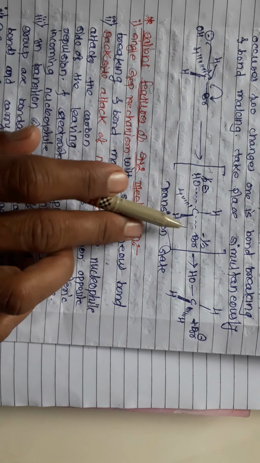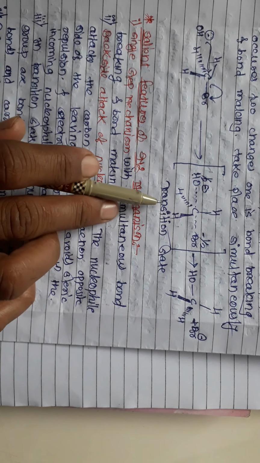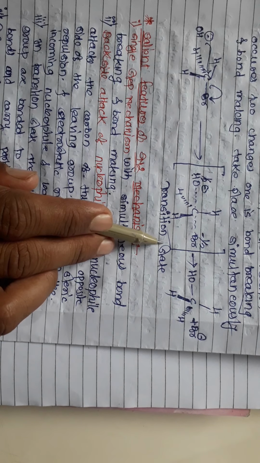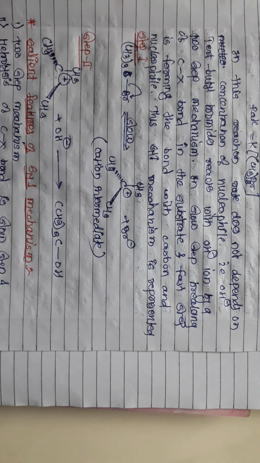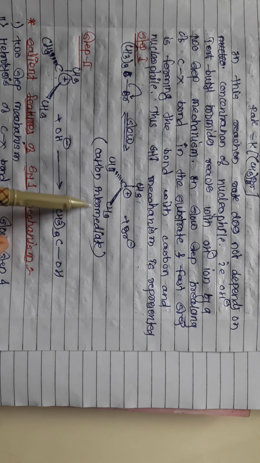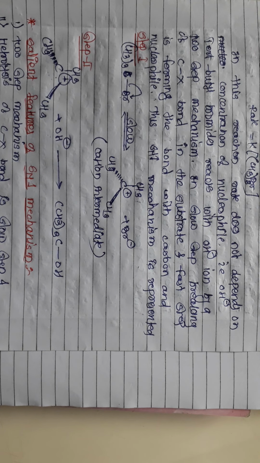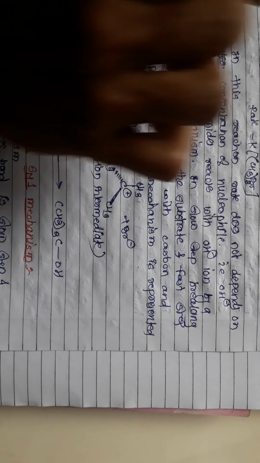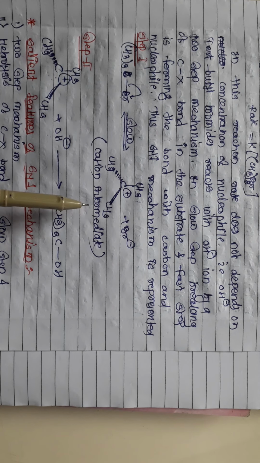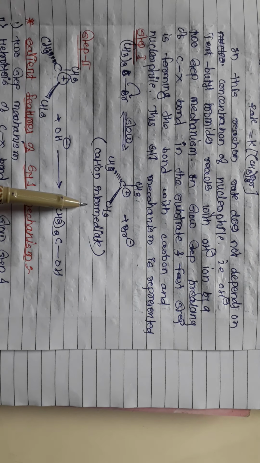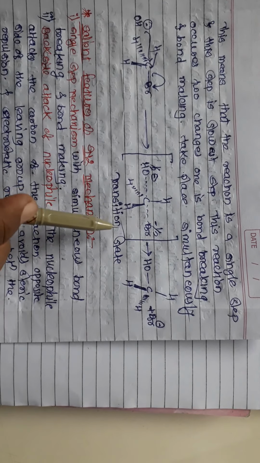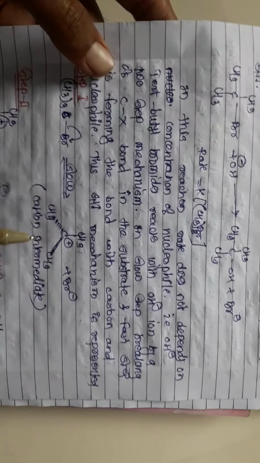It is pentacoordinate. But the SN1 reaction mechanism does not form a transition state; it forms an intermediate. This is the difference between a transition state and an intermediate. In the SN1 reaction mechanism, there is formation of a cation intermediate, and in the SN2 reaction mechanism, there is formation of a transition state.